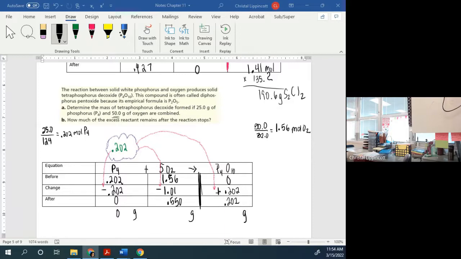I just wrote that there. It's 284. 284 times.